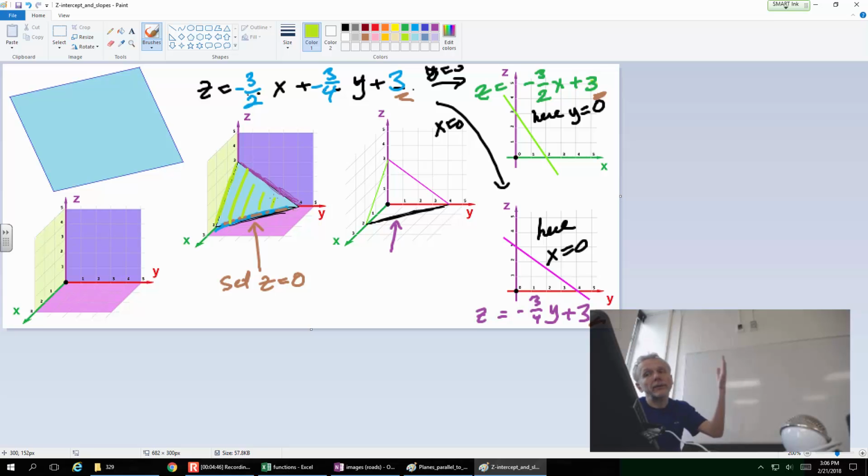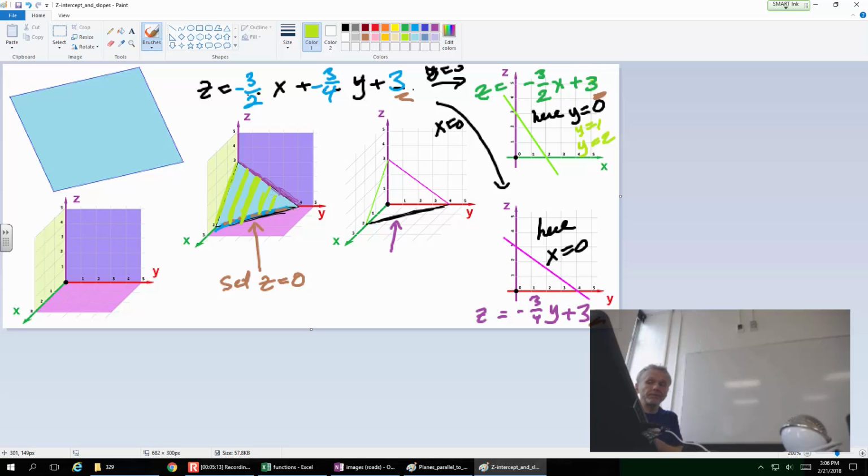So we could have cut with different planes, producing a very similar story. Instead of y equals 0, I pick y equal 1, and I'm getting this line. Then I pick y equal 2, and I'm getting this line. And so on, I will get a bunch of lines, and they will all have the same slope, only the z-intercept will vary.